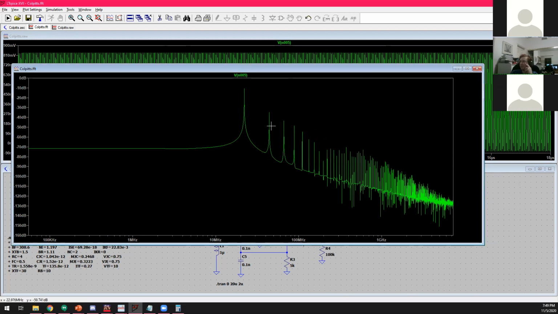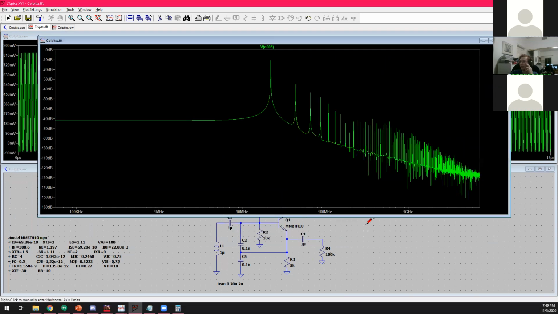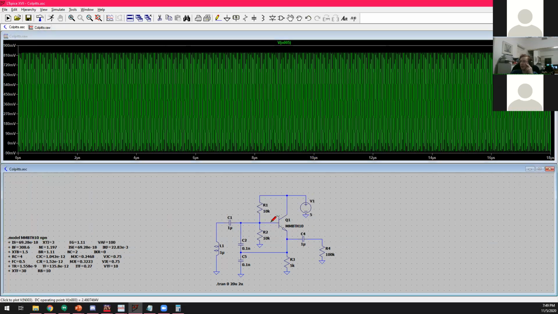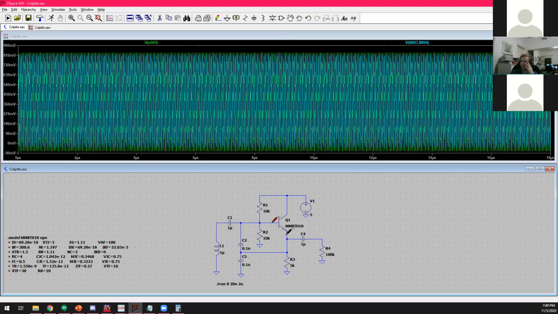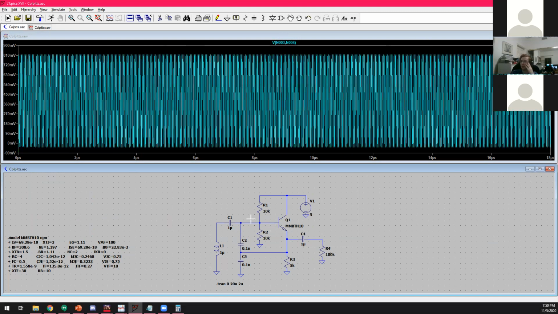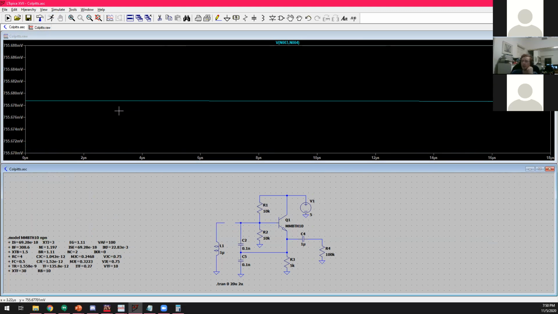And then I should also mention, for this particular transistor, which is the one we'll be using in the assignment, if I measure between base and emitter, let me stop the oscillation first by getting rid of that capacitor. So now I just have DC.